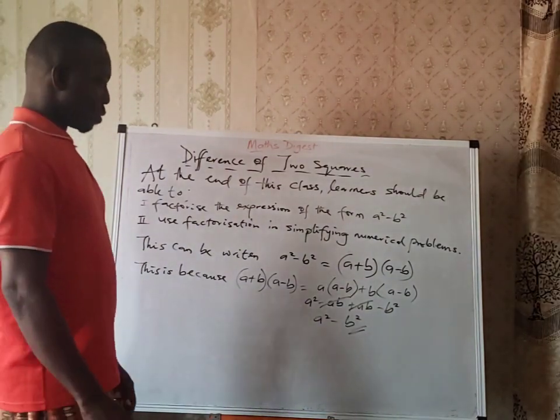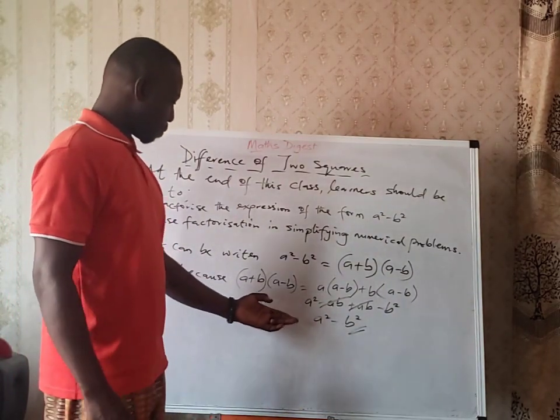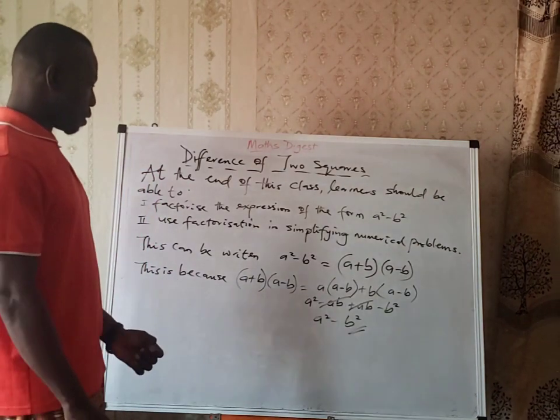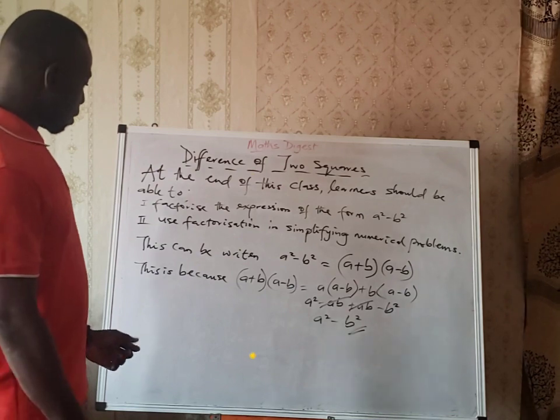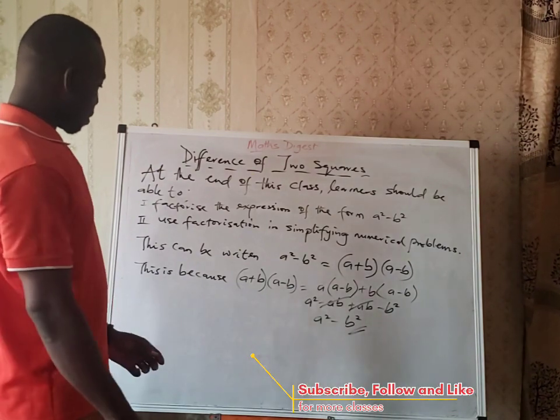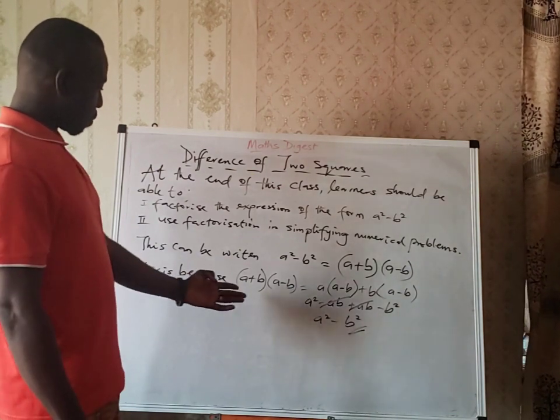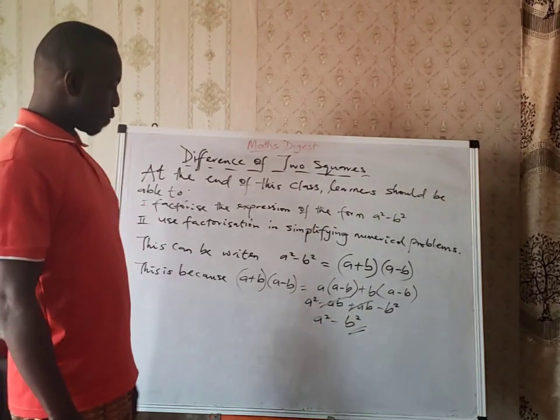So what this actually means is that you can deduce that the difference of two squares of two quantities is the product of their sum and their difference.